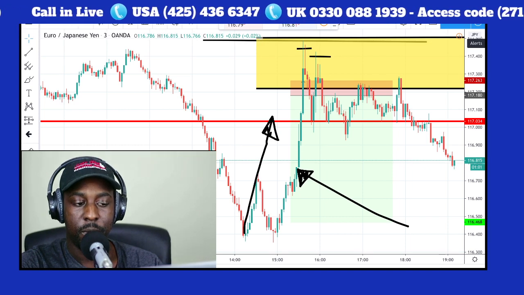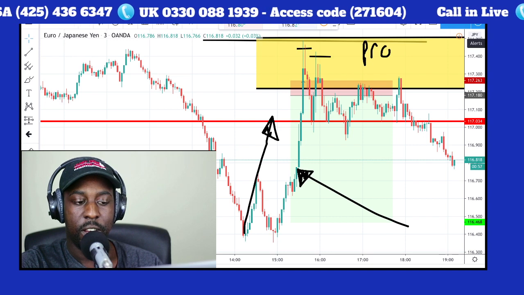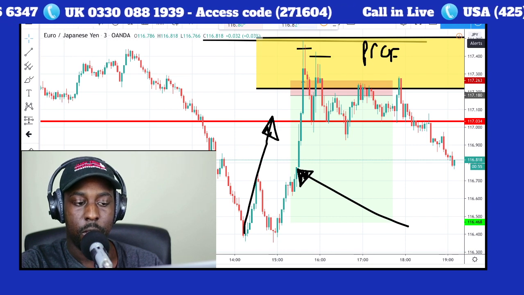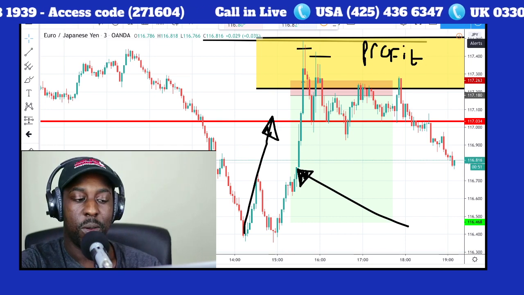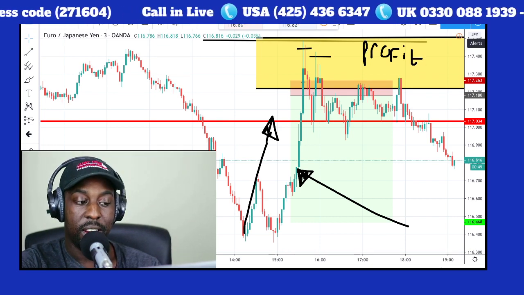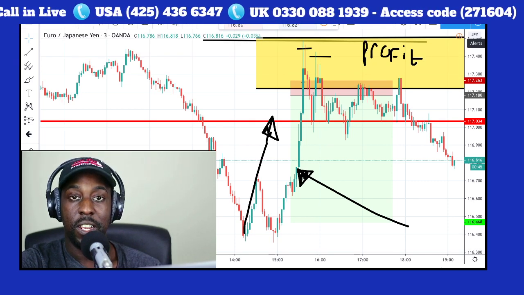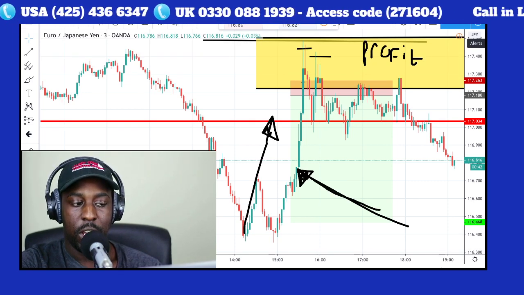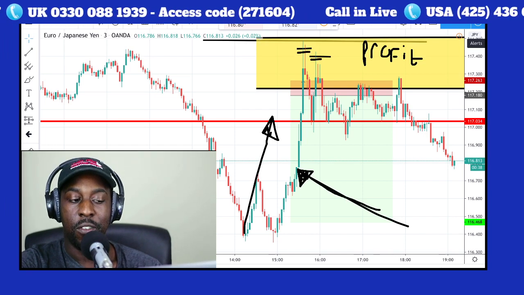Then when that's happened, what you want to look for is the top or the bottom, depending on what way the market's going. If it's a market that's moving down and the opposing candles are green, you're going to start looking, where's the top? Because that's likely where my stop loss will go above.